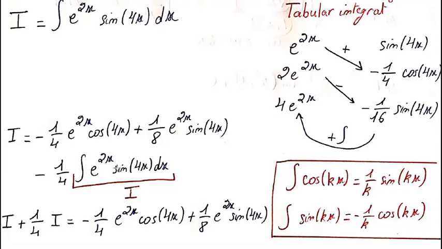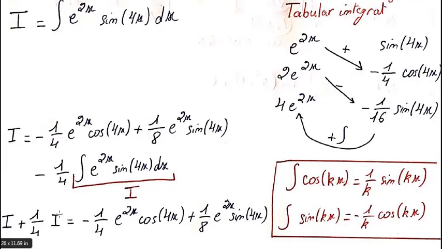Always this integral would be I. So we take minus 1 over 4 I to the left-hand side, we get I plus 1 over 4 I equals what remains from these two, which is minus 1 over 4 e^(2x) cosine 4x plus 1 over 8 e^(2x) sine 4x.